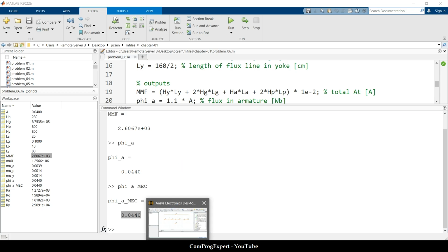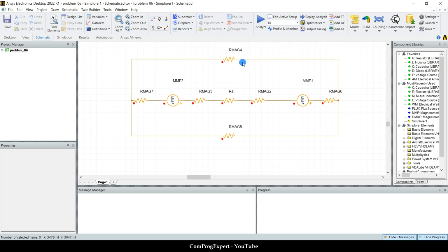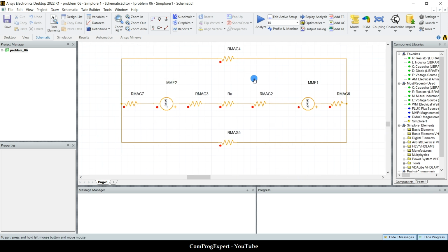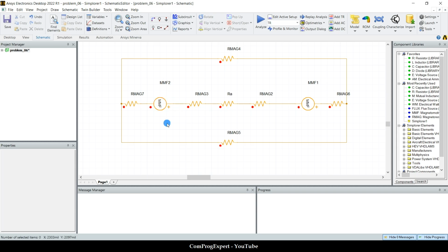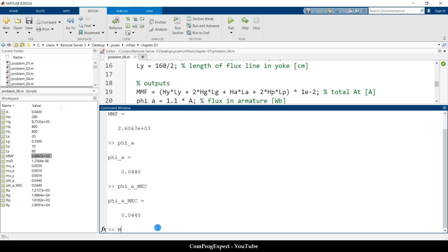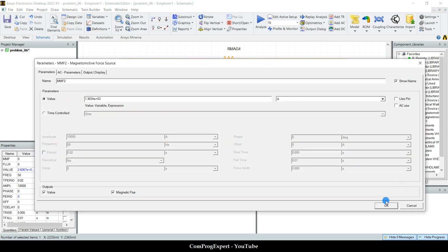Anyway, so now let's solve this problem using the ANSYS Simplorer and compare. I generated this equivalent circuit. Here you can set the value of the reluctances and solve the problem. So this is the magnetomotive force divided by 2. Let's copy this number, paste it here.